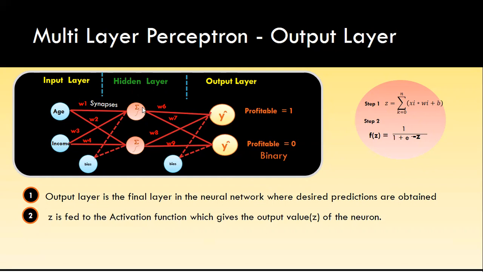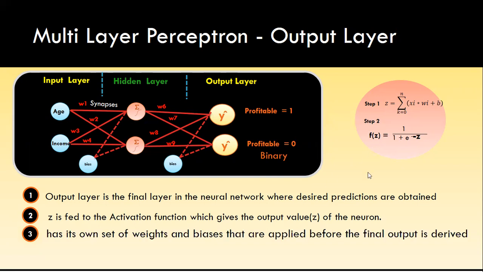So the output produced by the activation function of the hidden layer will be an input to this neuron. This output value will be multiplied by the corresponding weights. Similarly here, and then the activation function will get applied. So that's what I mentioned: Z is fed to the activation function, which gives the output values of the neuron.